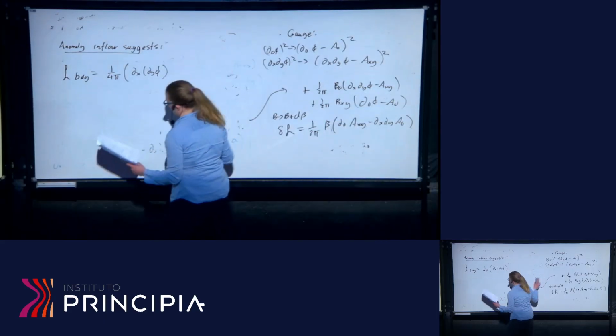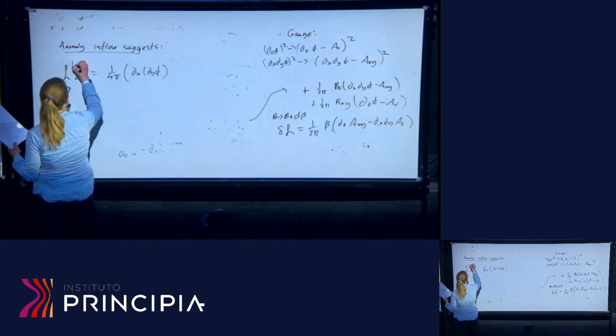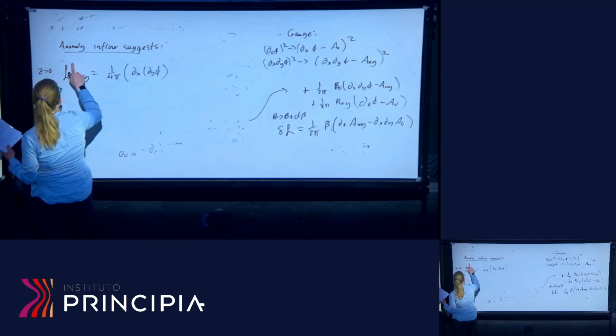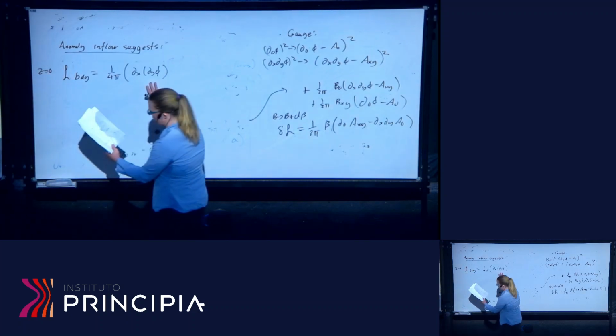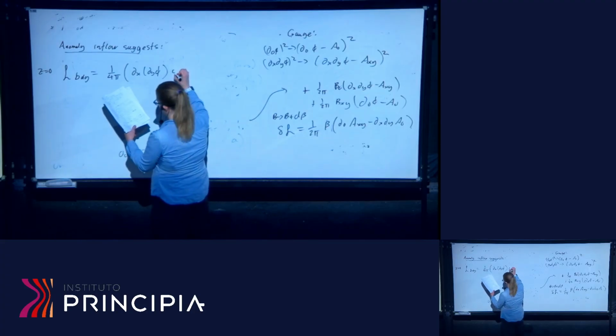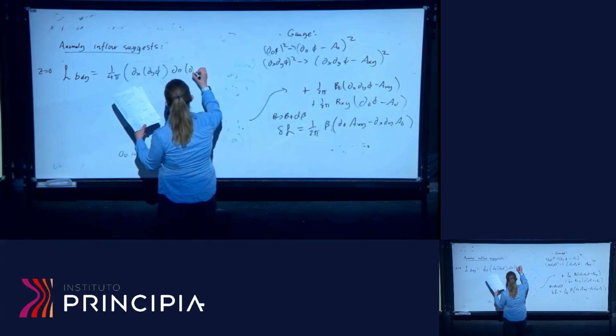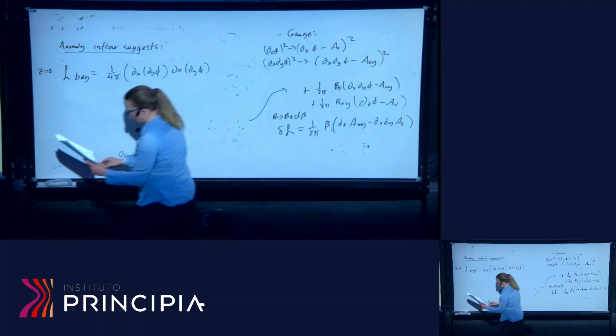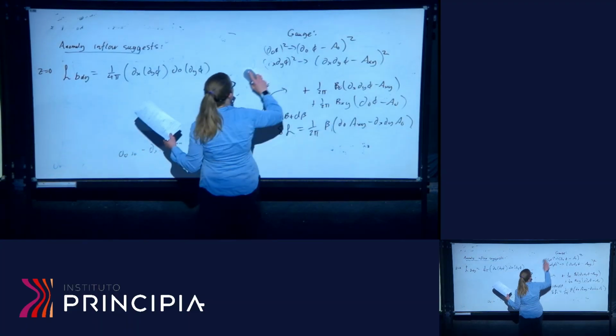Write it like this. And this is a boundary at z equals 0. So this is a boundary that lives in the xy plane. So you see x's and y's and not z. I have a single scalar field, and the action looks like this.